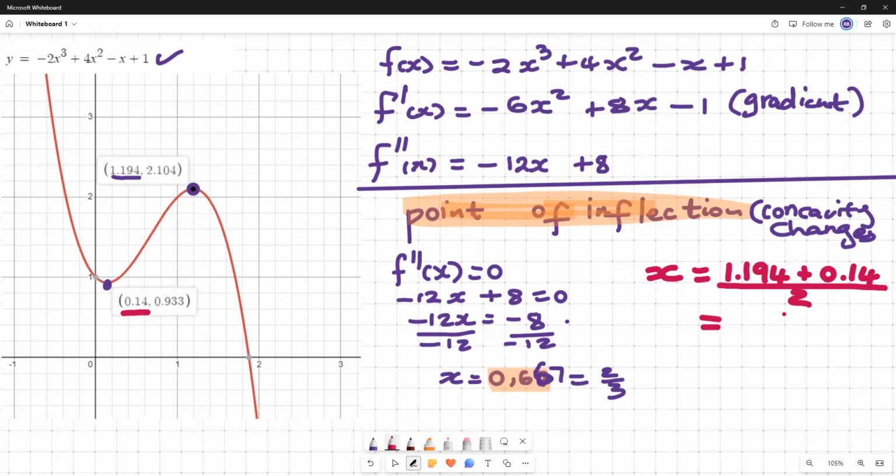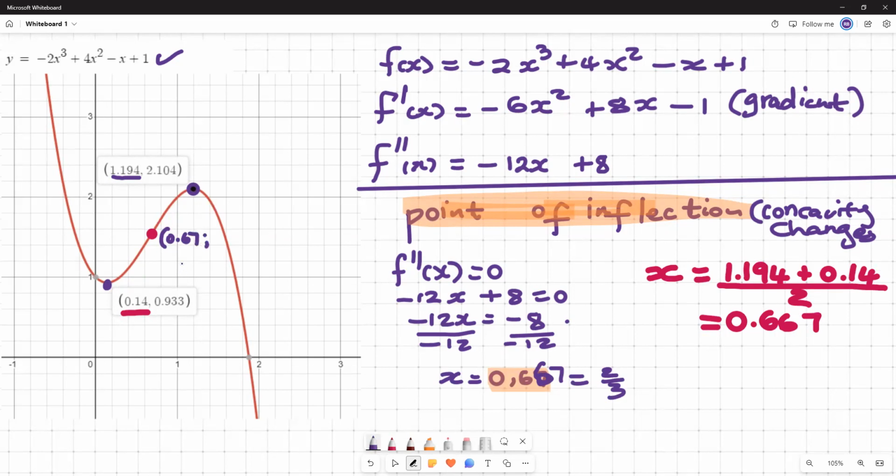If you were pressing with me on the calculator, you can see that it gives you 0.667. And that is the x value where the concavity is going to change, which, when I approximate it, is basically 0.67 if I round off to 2 decimal places.